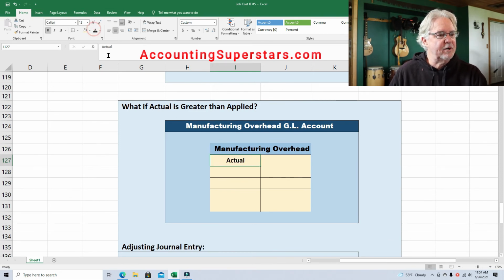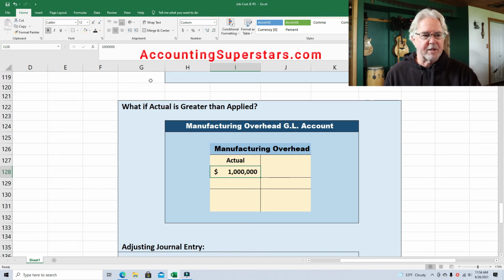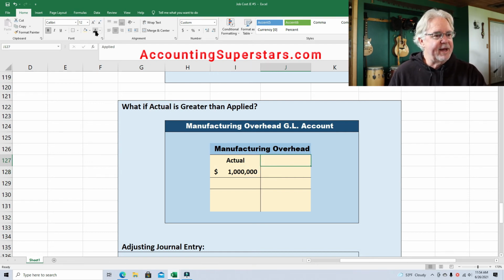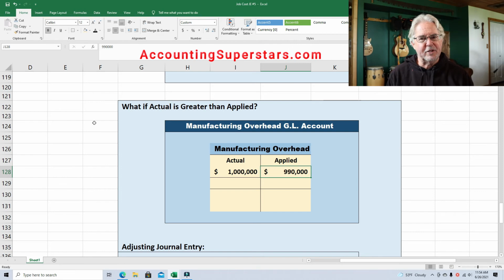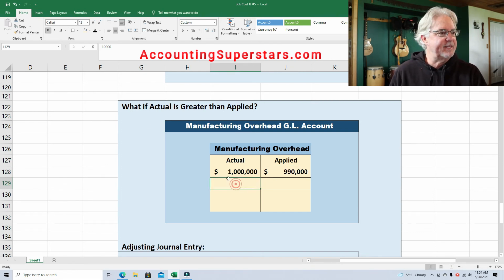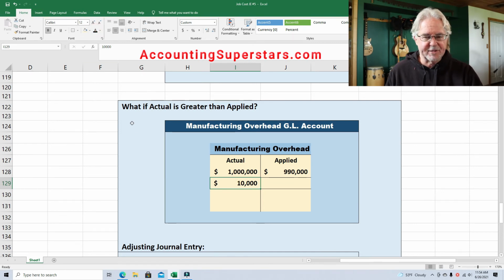At the end of the year, the actual overhead throughout the course of the year is $1 million, and the applied is $990,000. So we were really close, but we need to close it out. We need to make it equal to 0. Right now it's equal to $10,000 on the debit side because the debits are bigger.